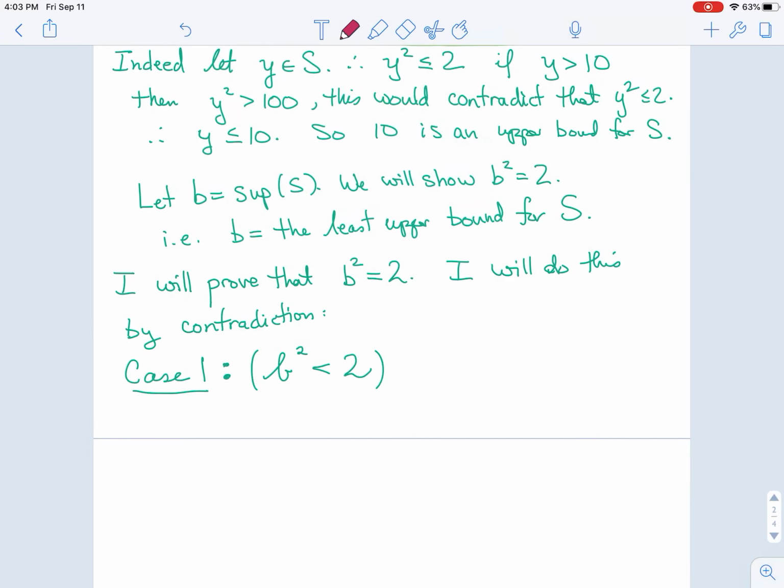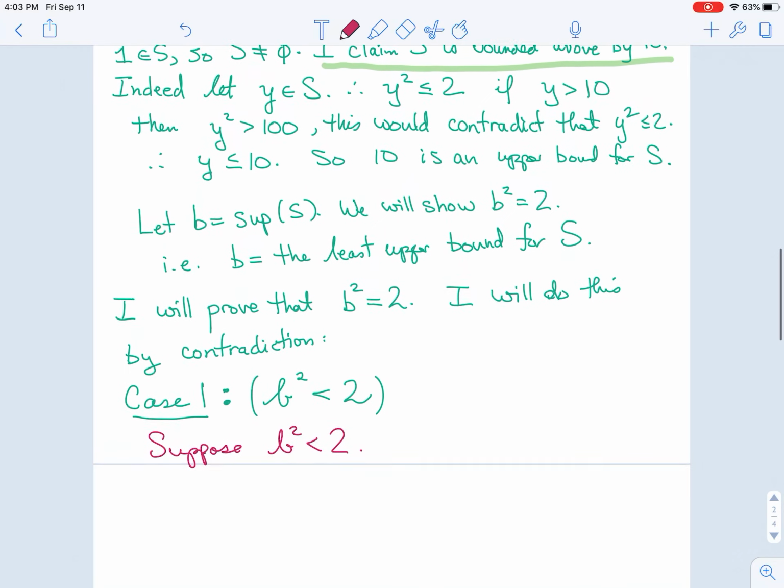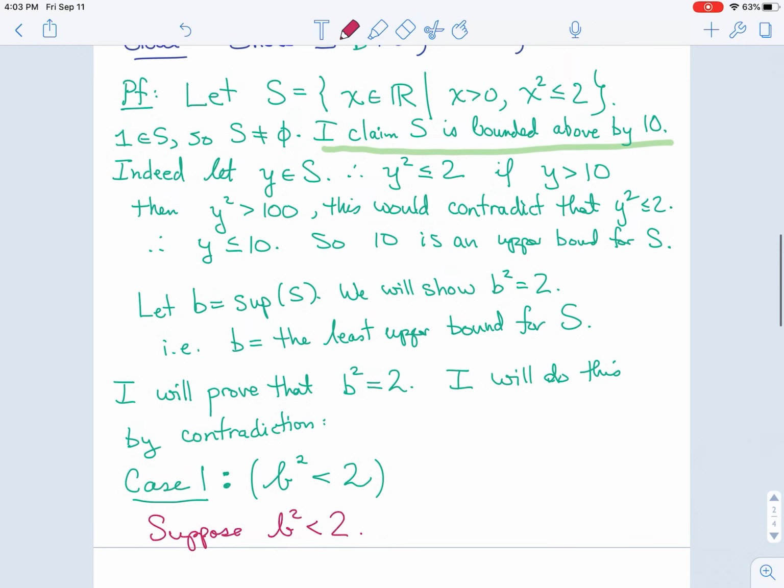So let's assume, and let's switch colors again, because why not? Let's suppose that B squared is actually less than 2. Well, what do I know? Let's actually draw our set S one more time. Here's 0.